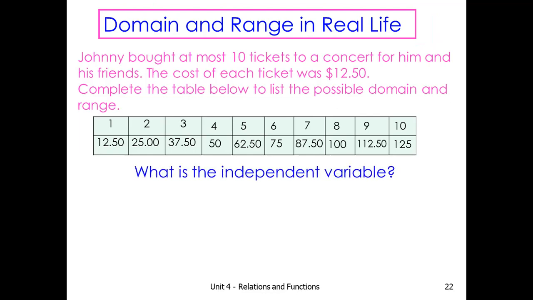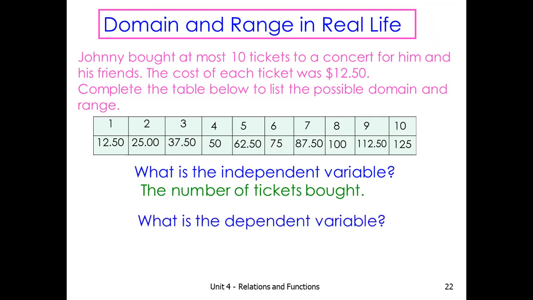What is the independent variable here? Your independent variable is the number of tickets that were bought. And then what is the dependent variable? The total cost of the tickets.